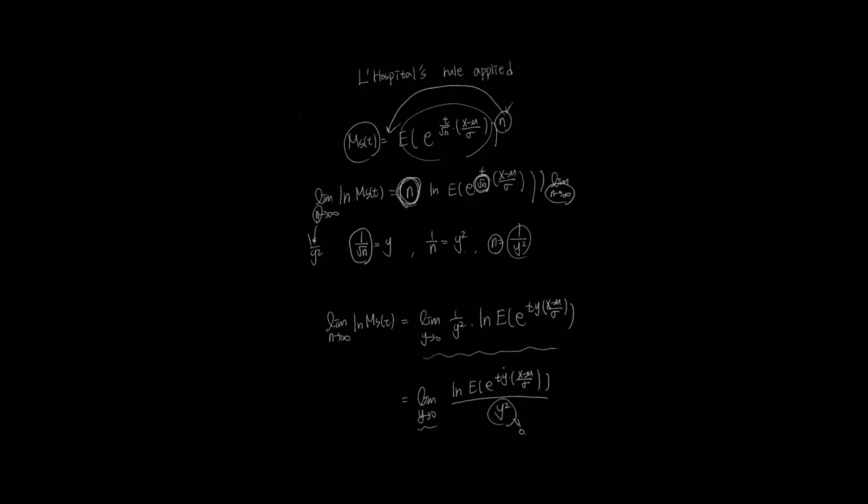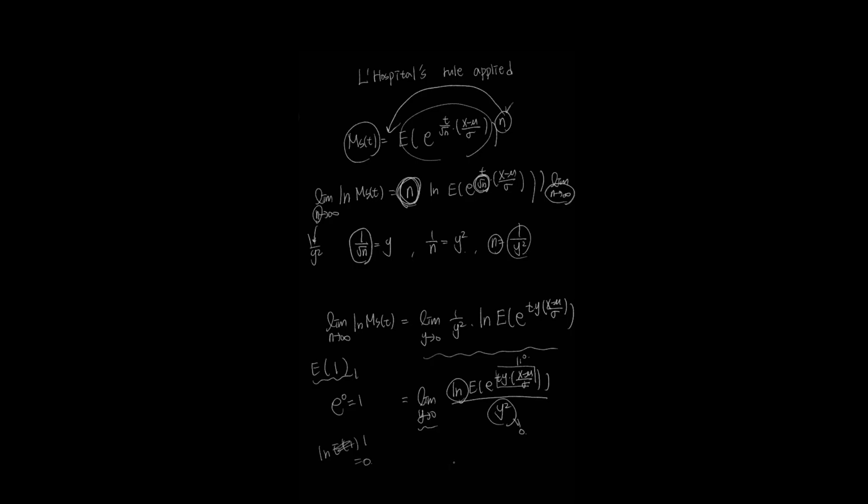Because y goes to 0, this whole part will go to 0, and the exponential of 0 equals 1, right? So the inside of the expectation is 1, but there's a log here, because it's inside the log. So log 1 goes to 0.